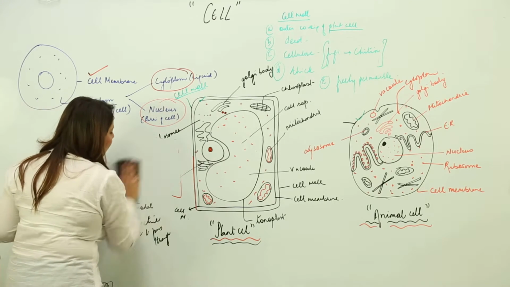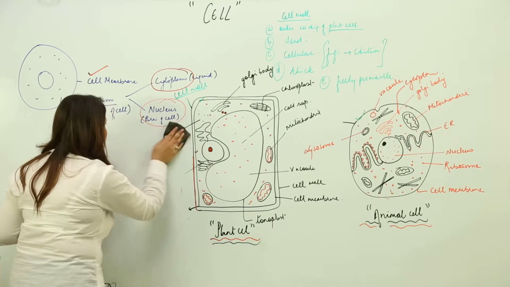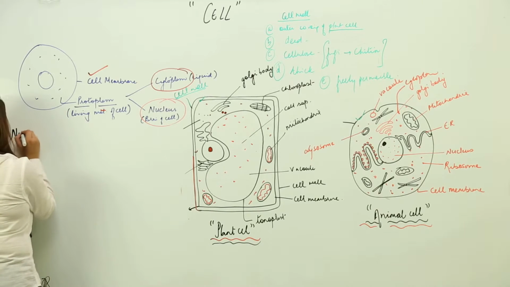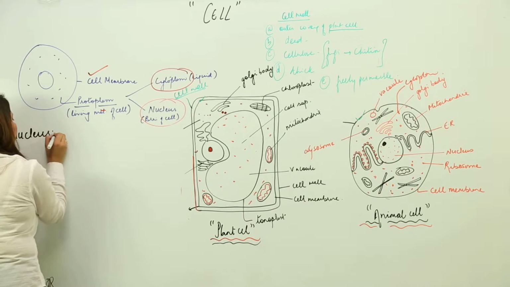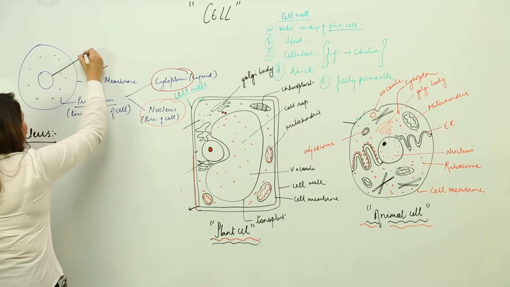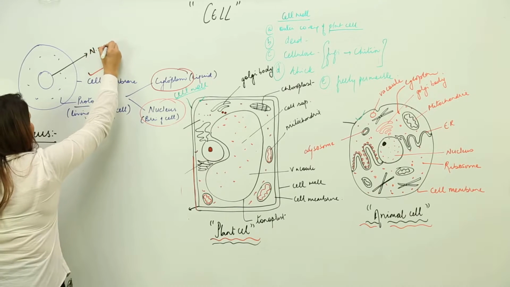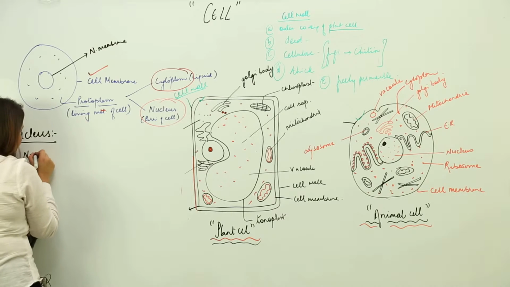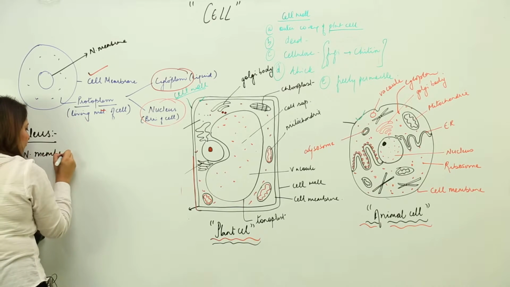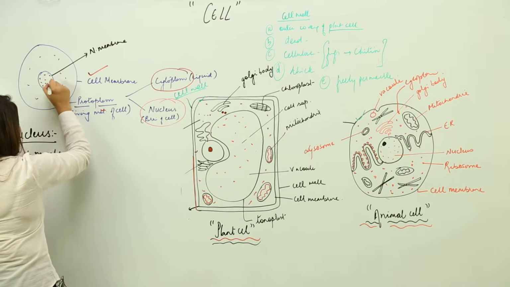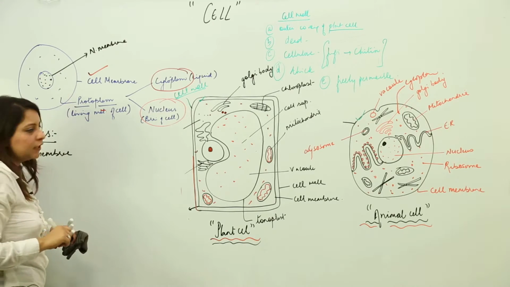Now coming to the nucleus, what we see is that the nucleus is formed of many parts. The outer membrane of this nucleus is called the nuclear membrane. So the first component is the nuclear membrane. The second thing is that there is a fluid present in the nucleus also.